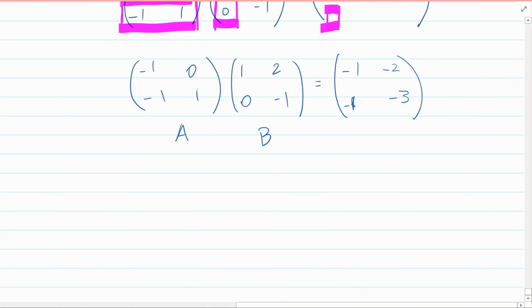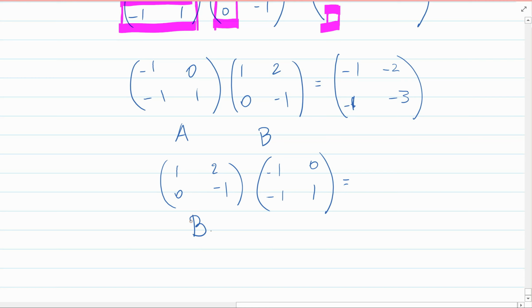Okay? And we can have different types of sizes as long as we preserve the number. But before I go, let us do 1, 0, 2 minus 1 times minus 1, minus 1, 0, and 1.